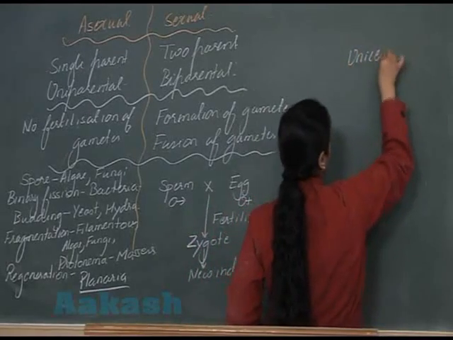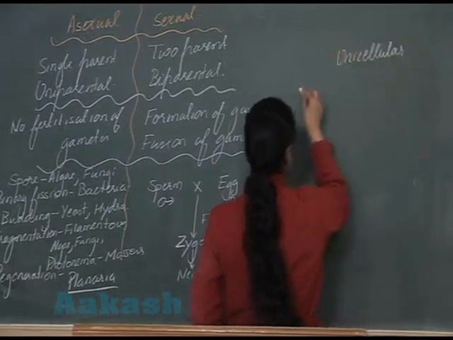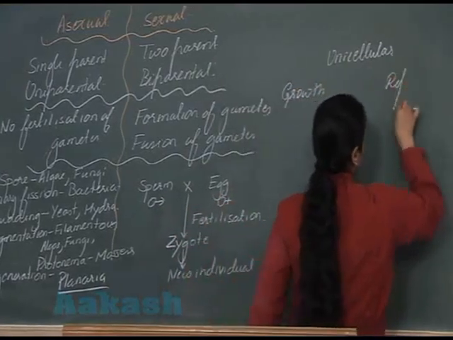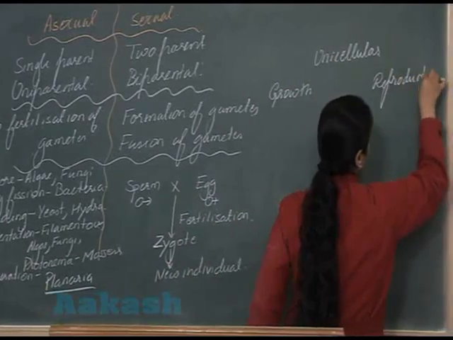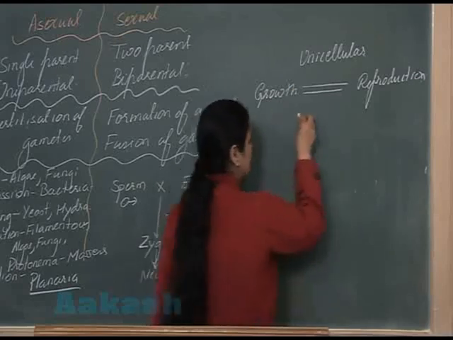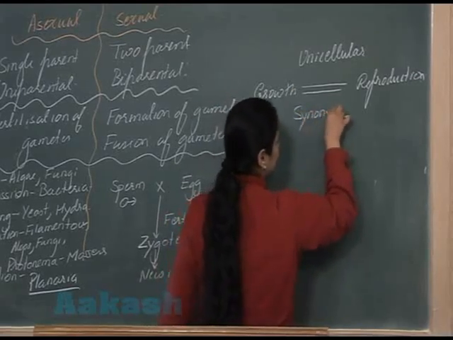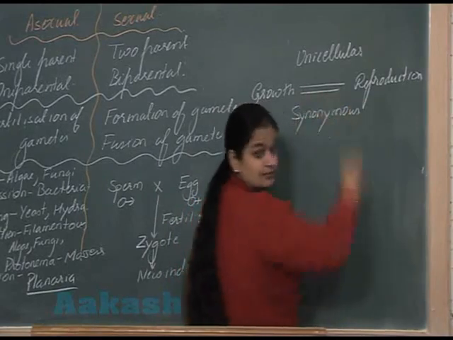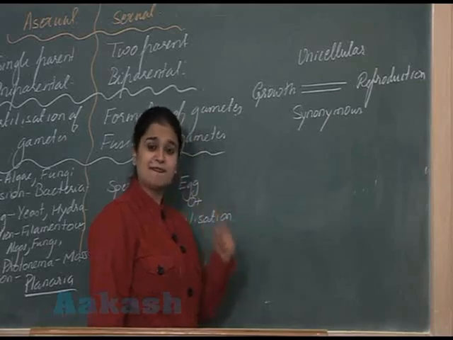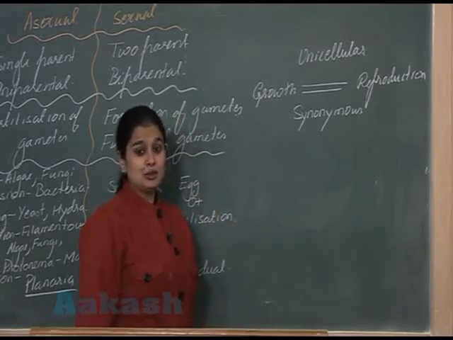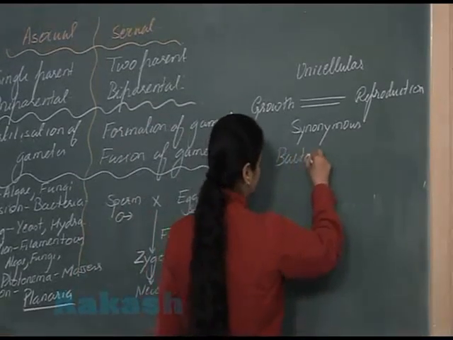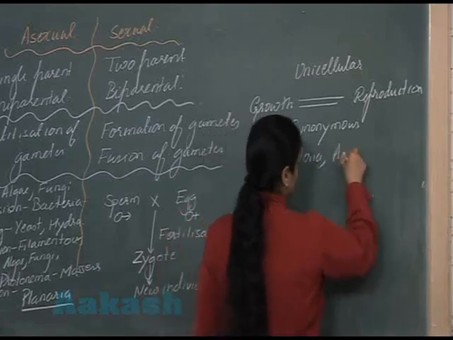In unicellular organisms, growth and reproduction are synonymous, they are the same. Yes, so now we have to explain this concept, this fact. For this, the unicellular organisms which we can deal with here are bacteria and amoeba.